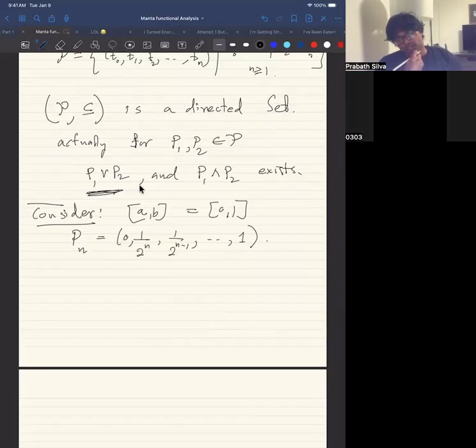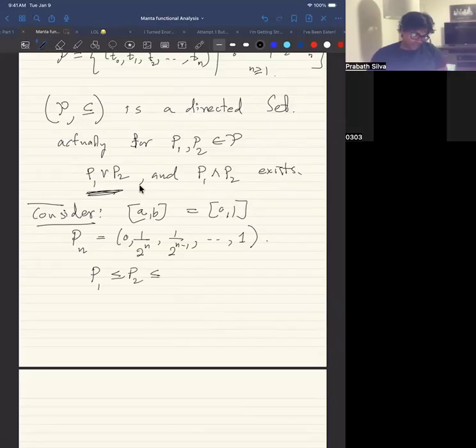This is a perfectly nice sequence of partitions, but this is terrible to use for Riemann integration, because what we are really doing is taking the 0 1 interval and creating the first partition.